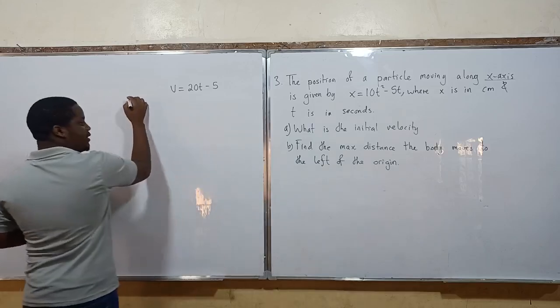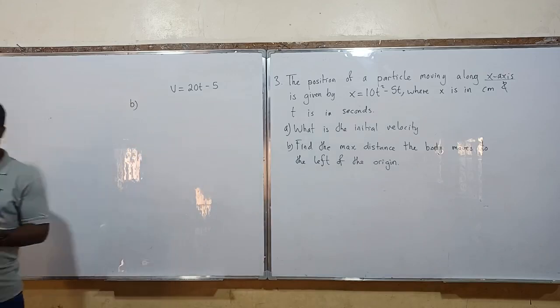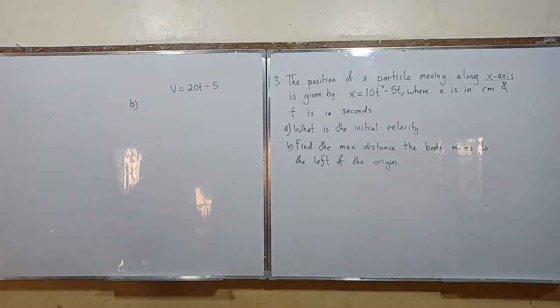So part B is asking for the maximum displacement. Meaning we first have to find the time. Here's something that we need to know. At maximum displacement, the final velocity will be equal to 0. Do we agree? Think of it.